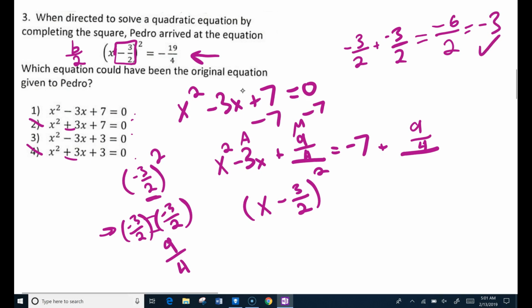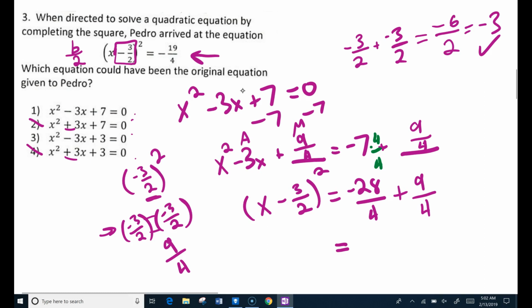So it checks out. Now for the right-hand side, you could do this in your calculator if you want, but I'm going to just multiply by 4 over 4 here to get a common denominator so I can add those fractions. So negative 7 times 4 is negative 28, and I have it divided by 4 plus 9 over 4. Now that those denominators are the same, I could add those fractions.